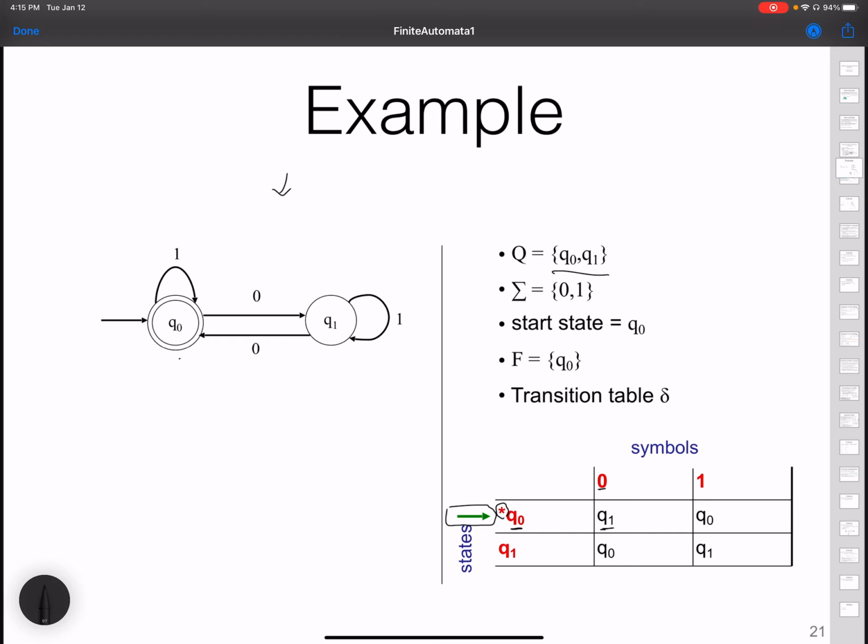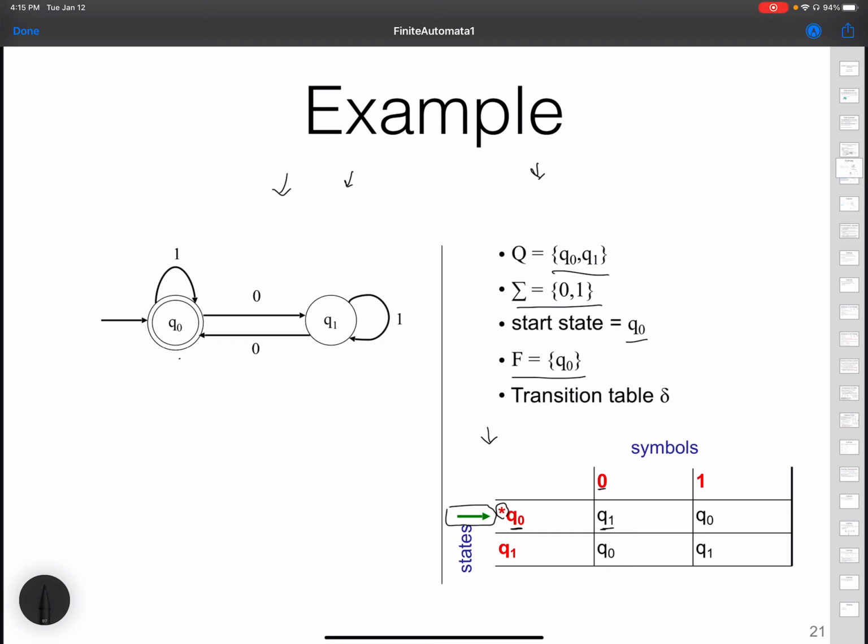The input alphabet is the binary alphabet. The starting state is Q0, the final state is Q0, and here is the transition table. So you can represent it either this way or this way. Clearly, the state diagram is much easier for us as humans, it's more visual.